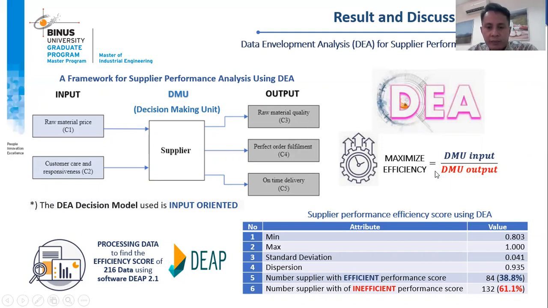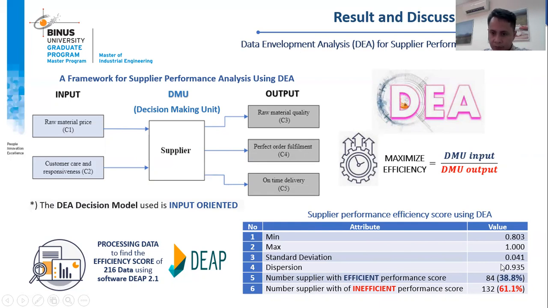And the formula to get the maximized efficiency is the DMU input, meaning decision making unit input, divided by decision making unit output. And we processed the 216 data after normalization using software DEAP 2.1, and we get this supplier performance efficiency score using DEA.